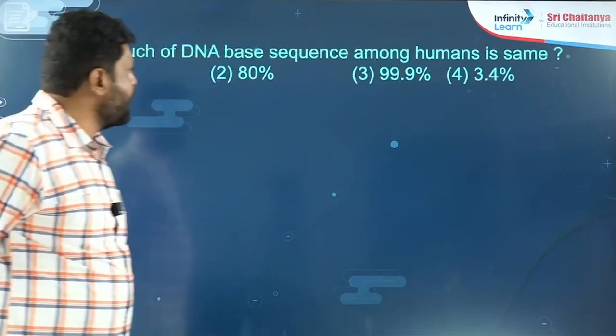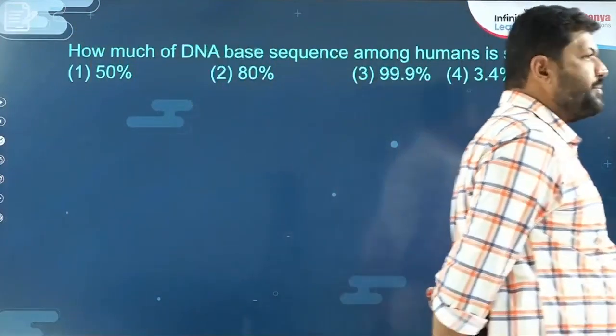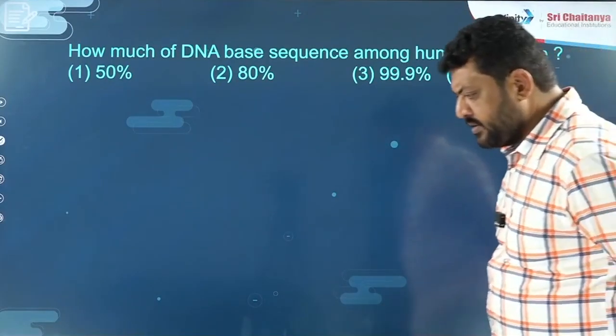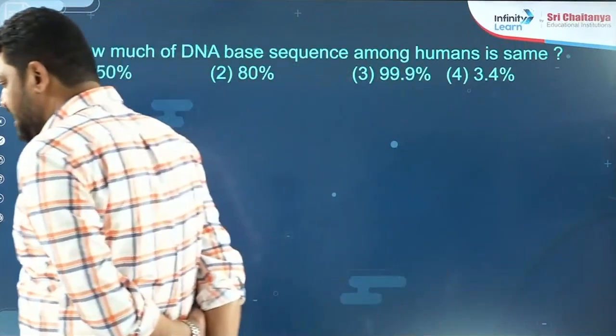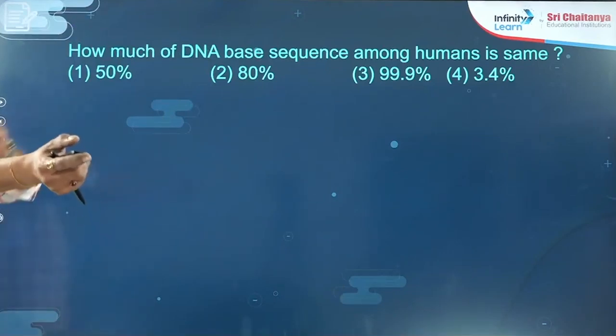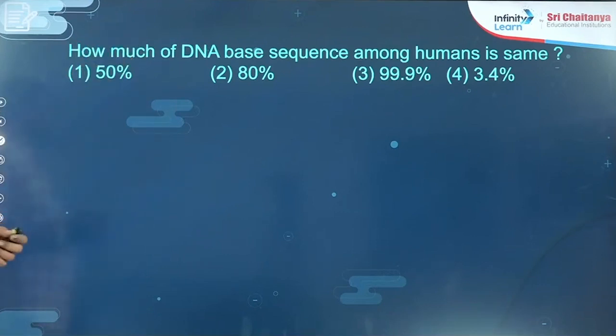How much DNA base sequence among human beings is the same? According to recent calculations, the Indian population is reaching 150 crores. I don't know the exact number of the human population across the world.